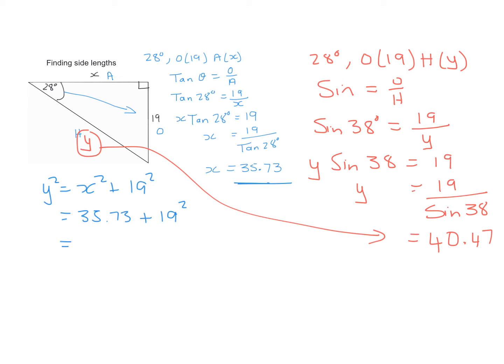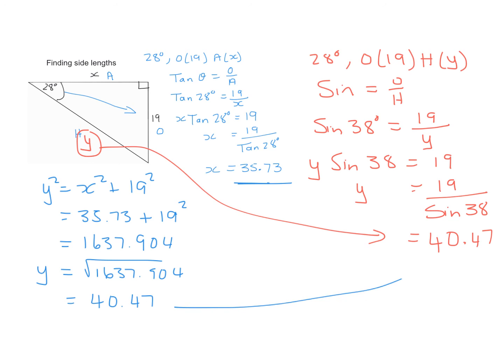If we calculate all of that out, we end up to get 1637.904. And if we wanted to find y, obviously we'd have to do the square root of 1637.904. If you put that into your calculator, you would end up with a value of 40.47. And look at that, they're both exactly the same.